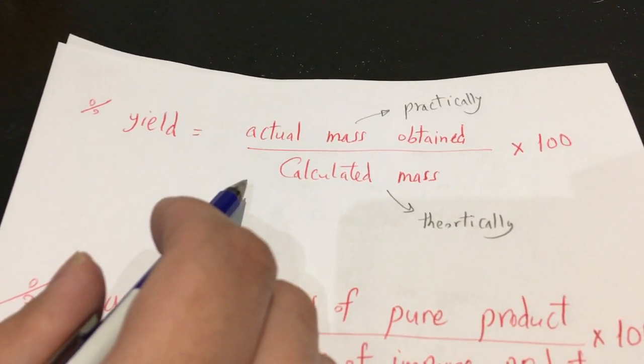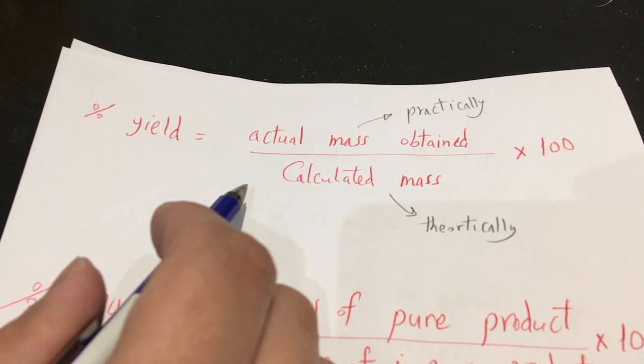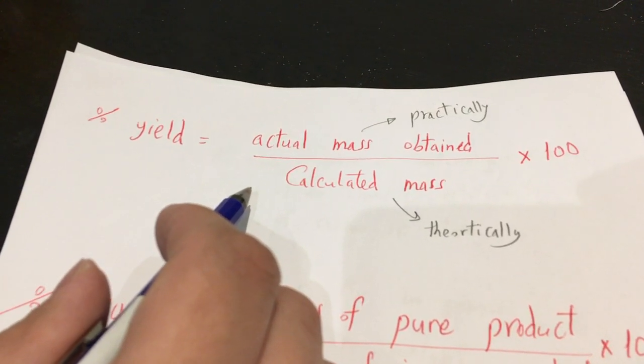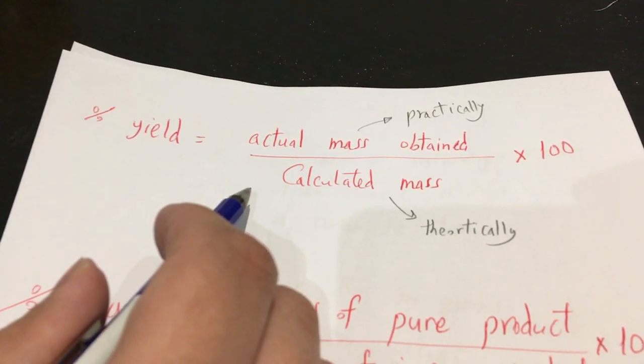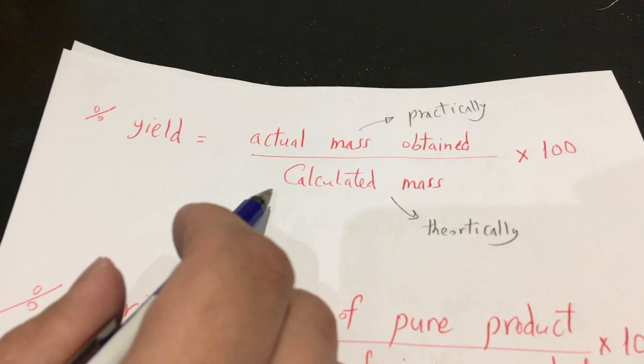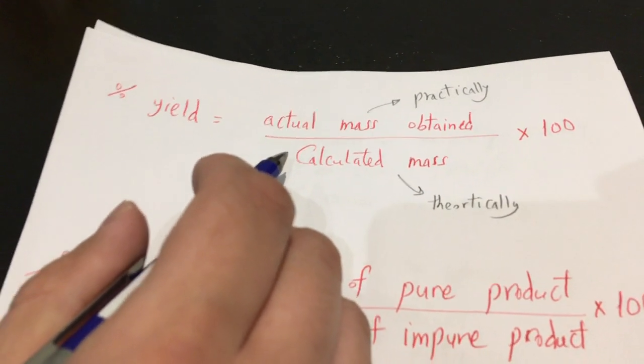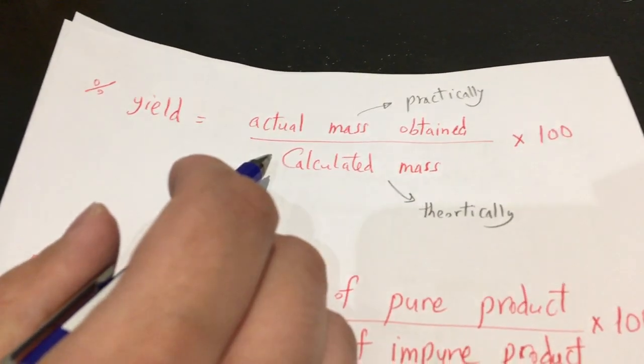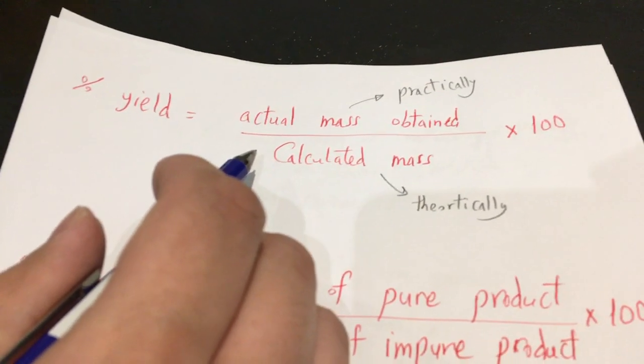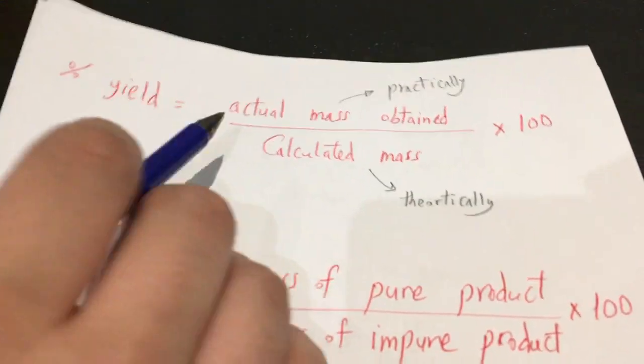When you measure its mass after filtration, you will find the mass you get in this experiment is less than the theoretical mass. This happens because during filtration you may lose some of the product in some way.